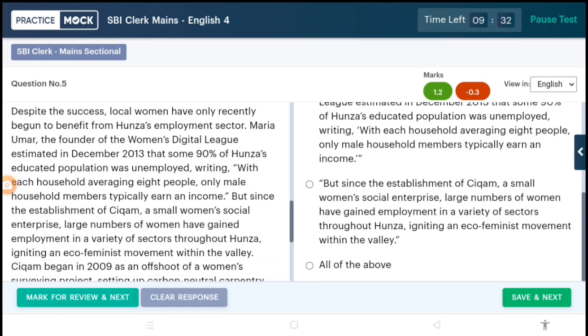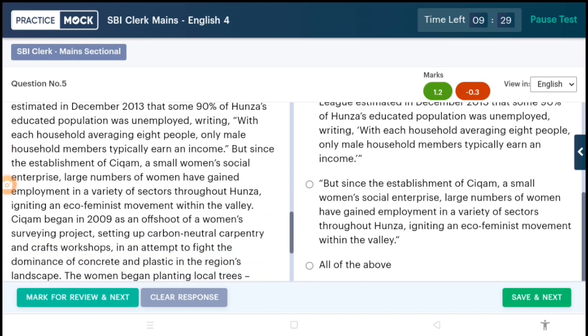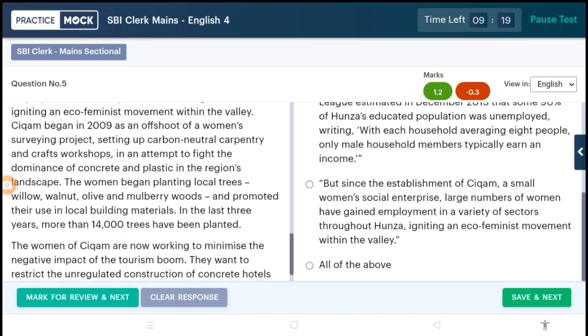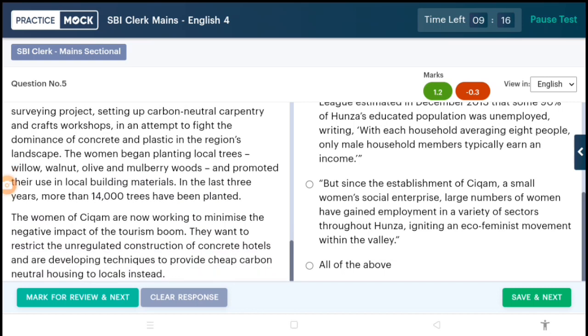Working will be selective effect on tourism.